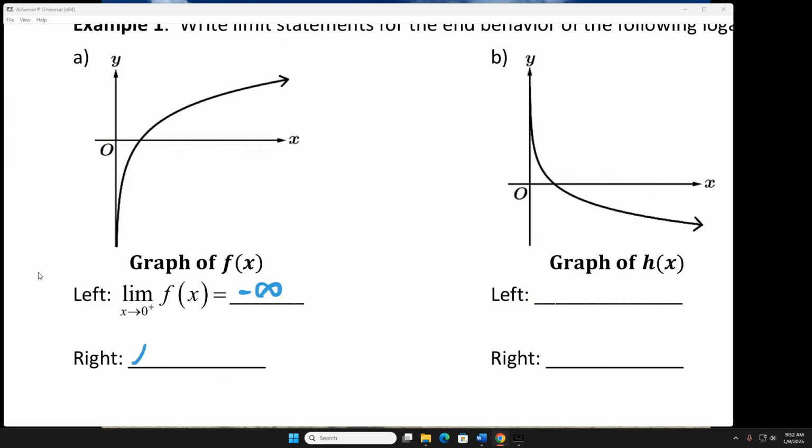All right, and then the right-sided limit, you would write the limit as x approaches infinity of f of x. What direction is the right side arrow pointing? Up to infinity. Very good. So one of these will be negative infinity and the other one will be positive infinity, always on logarithmic functions.